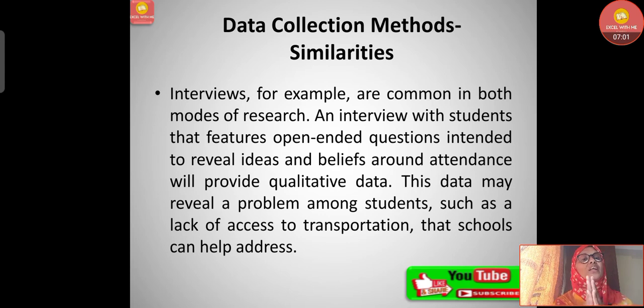Researchers can ask open-ended questions, or they can give standardized tests, to collect data revealing the problem among the students.